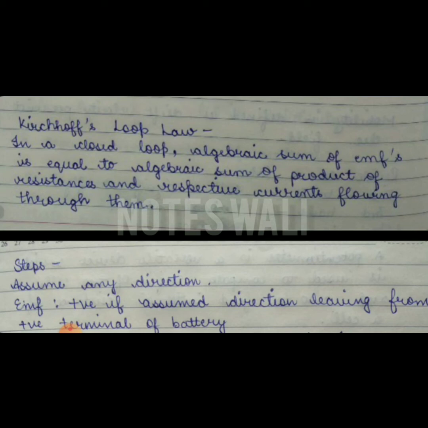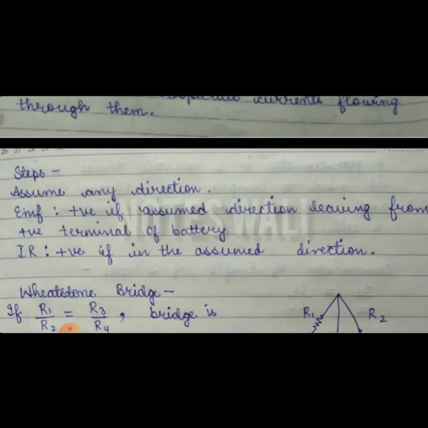And here we have to follow 3 steps. First step is we have to assume any direction, and if the EMF is in the assumed direction, then it is positive, and IR, which is equal to V, is positive if it is in the assumed direction.